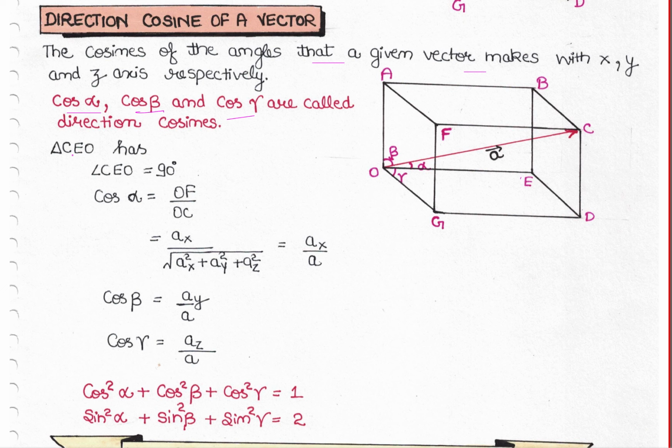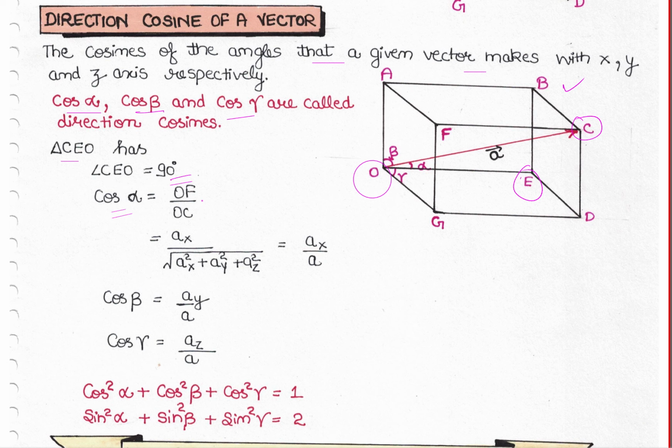So if we draw this cube, angle CEO is equal to 90 degree.